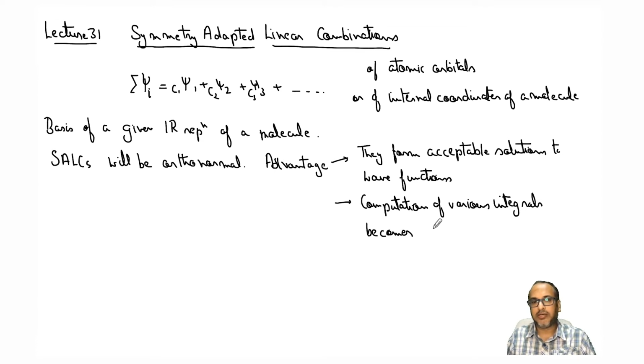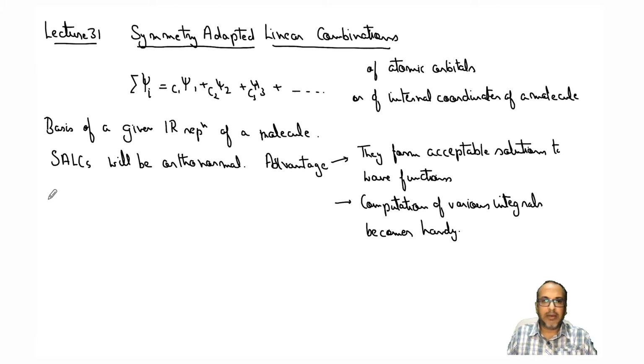It becomes handy because various group theory rules can then be applied to those integrals, like we have seen in the case of the direct product, how to compute the integration given that we know the irreducible representations for which the wave functions form a basis. So the goal here is to obtain linear combinations which are symmetry adapted and to obtain orthonormal sets. We will see how to generate them.